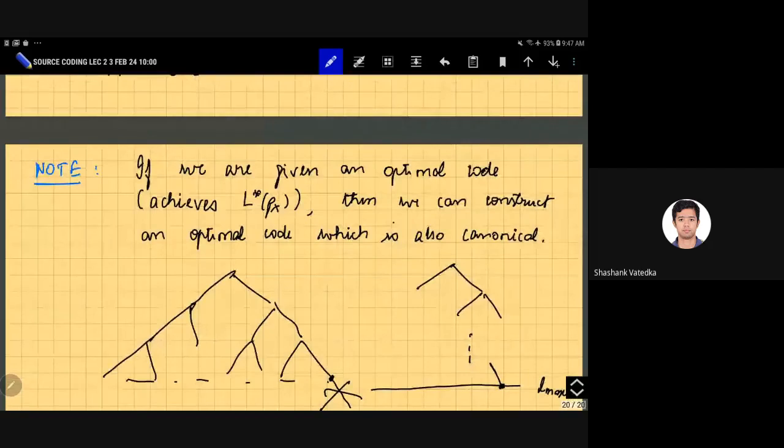We can rearrange the code words to get an optimal canonical code.